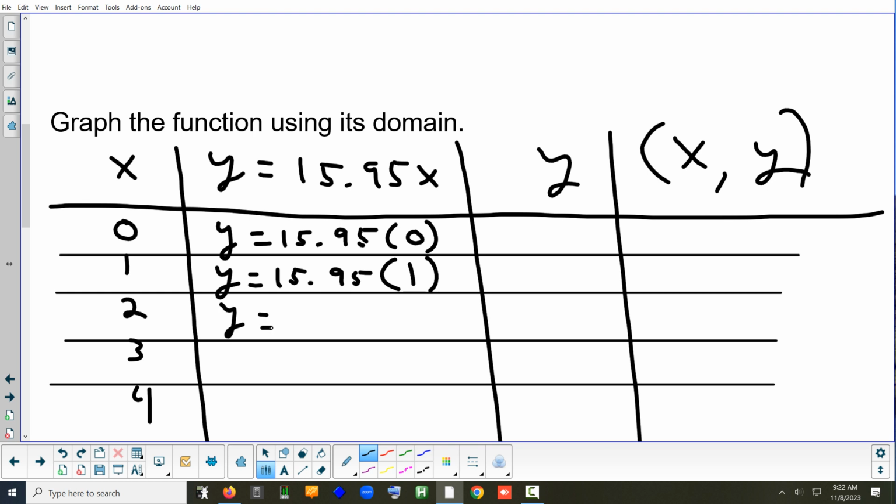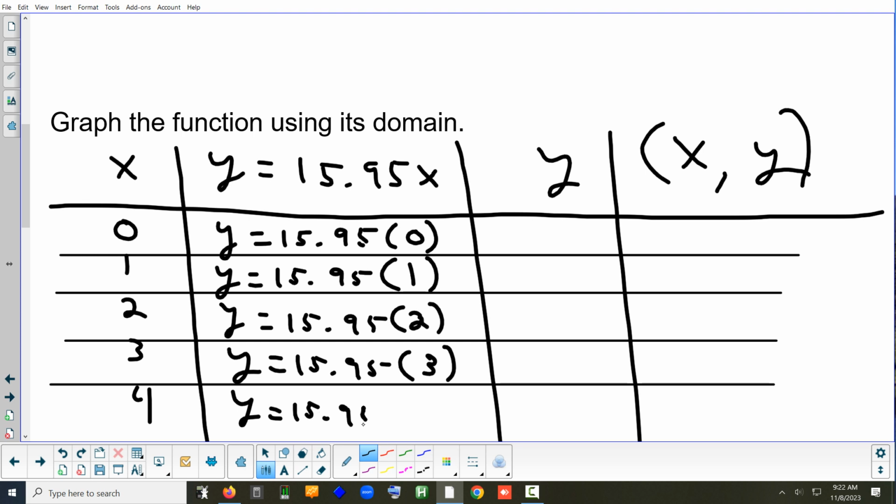And then to calculate this one, it's 1595 times 2. And 1595 times 3. And this last y value is 1595 times 4. Now we're going to do all those out, and we're going to put the answer in the third column.